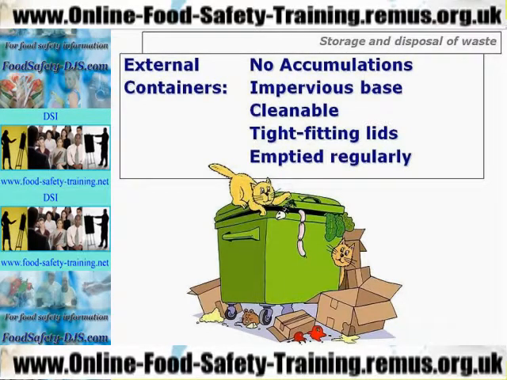They like somewhere to hide, like soil or grass or vegetation. So if you keep the bin on vegetation or on grass, it's quite easy then for pests to hide. They should also be cleanable, disinfectable, again to kill the spoilage bacteria that produce smells. Should have tight fitting lids, and they should be emptied regularly by a local council or local contractor.